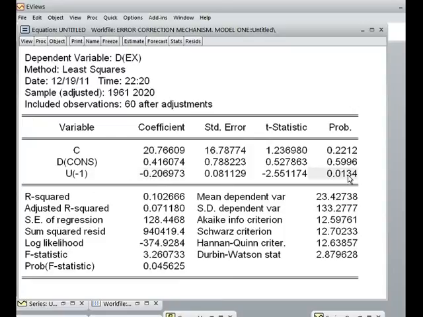It means that our EX and cons, it is giving validity.